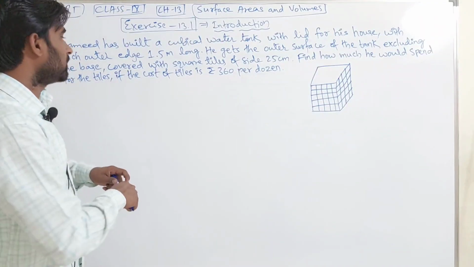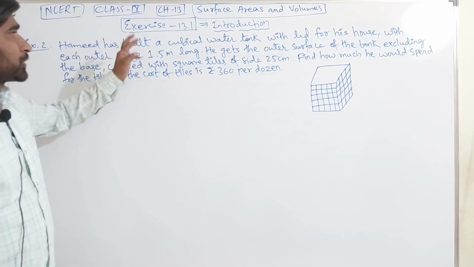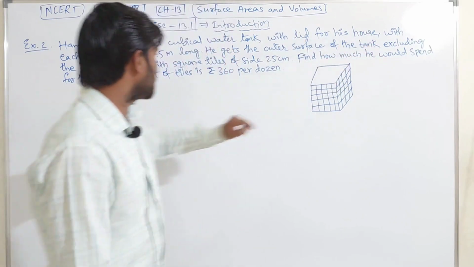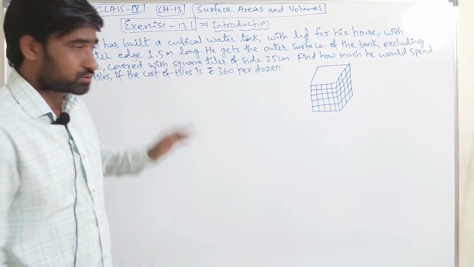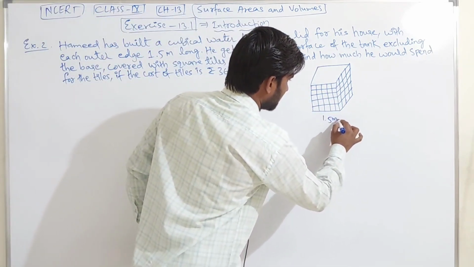Okay, all of you. This is example 2. Amit has built a cubical water tank with a lid for his house, with each outer edge 1.5 meter long. So each edge of this cubical water tank is given as 1.5 meter.